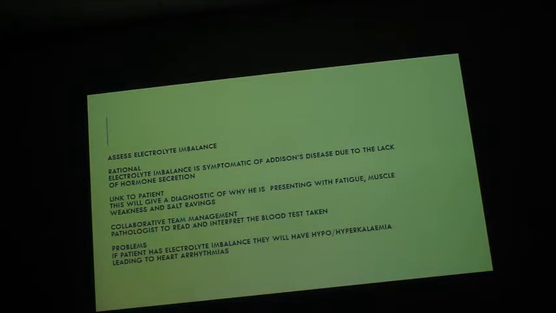This will be done through blood tests assessing urea and electrolytes. This is done because the electrolyte imbalance is symptomatic of Addison's due to the lack of hormone secretion, and this will require a pathologist to read and interpret the blood tests taken.